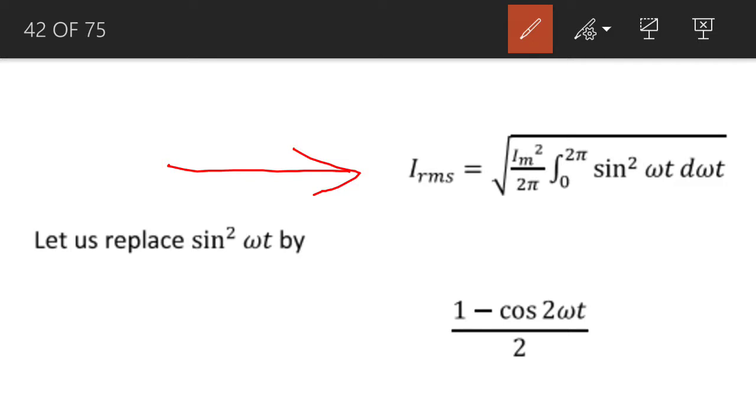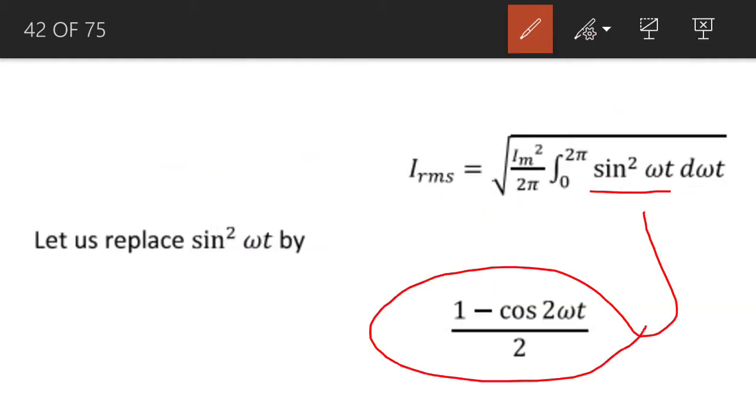The RMS value of this AC current will be equal to under root Im square by 2 pi multiplied by the integration from 0 to 2 pi of sine square omega t d omega t. And we know that sine square omega t is equal to (1 minus cos of 2 omega t) by 2.